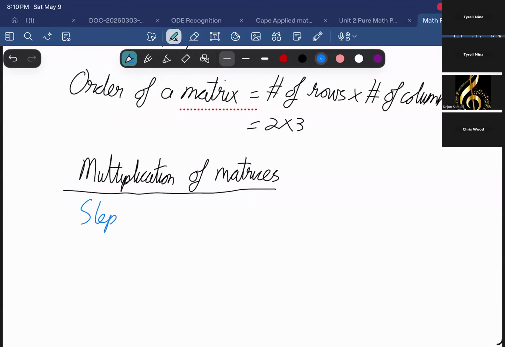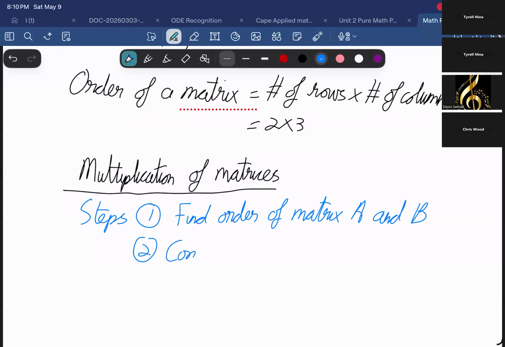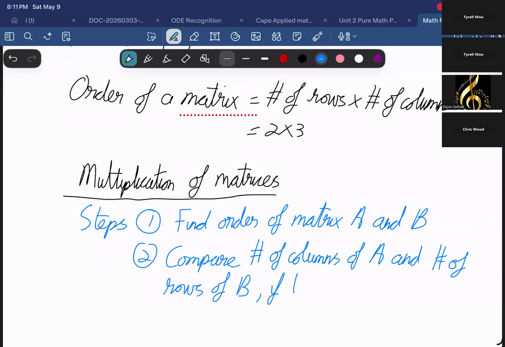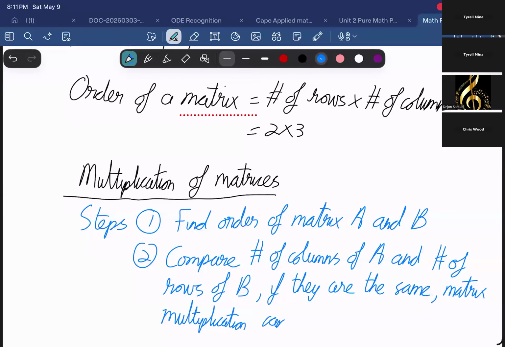So steps, right? Step 1, find the order of matrix A and B. Step 2, compare the number of columns of A and the number of rows of B. If they are the same, matrix multiplication can occur. If not, it cannot occur.